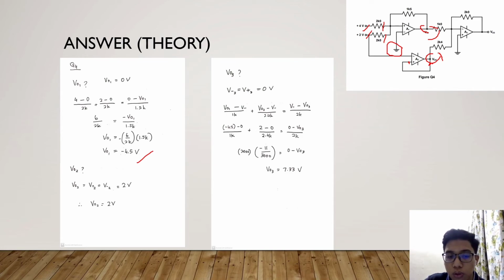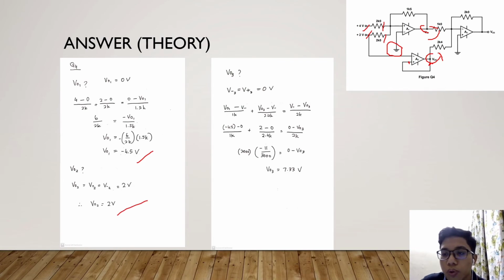The value of V plus 2 is equal to V minus 2, and V minus 2 is equal to 2 volt, as it is connected with the 2 volt voltage supply. Therefore, the value of V output 2 is 2 volt. Right, settled for V output 2.